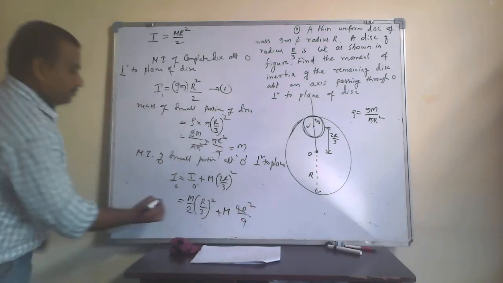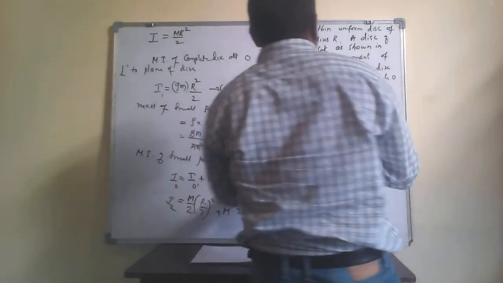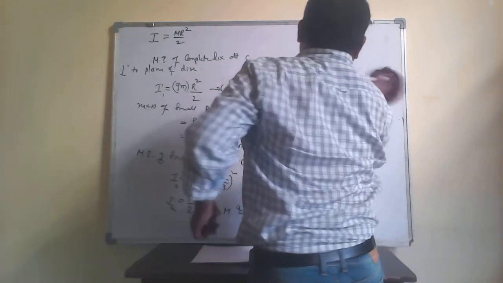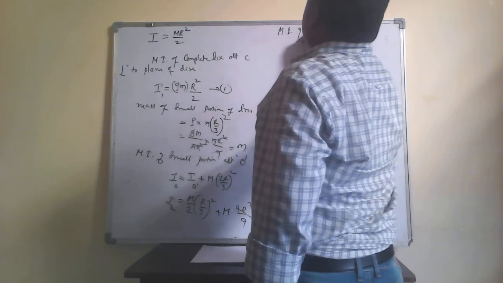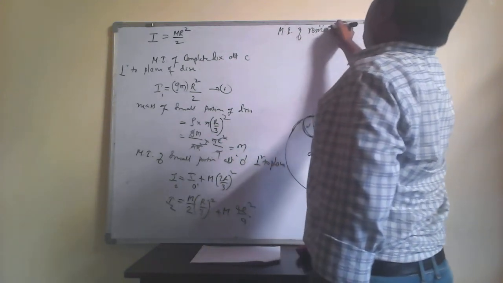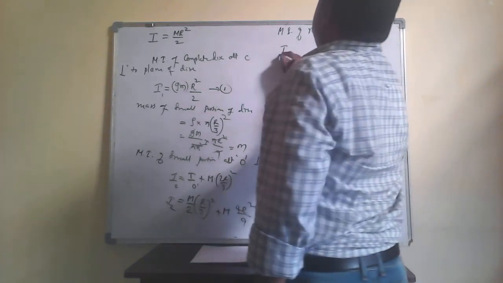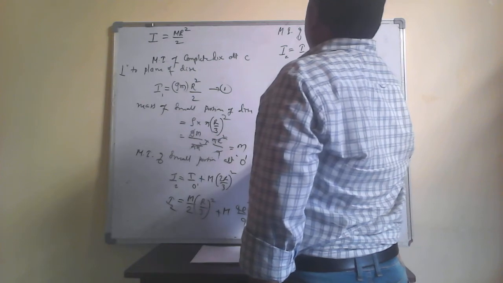Now the moment of inertia of the remaining part is obtained by subtracting one from the other. Moment of inertia of the remaining part, I about z, is I1 minus I2.